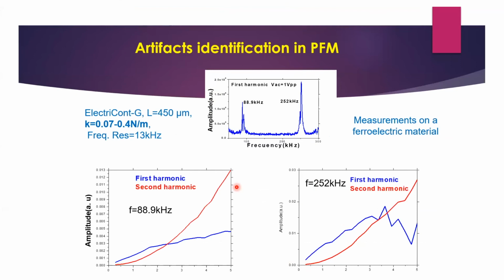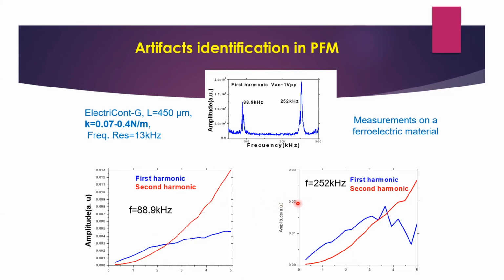This criteria of the first and second harmonic amplitude depends on the tip that you use. Here we have a soft tip, and we use the first and the second resonance frequency, and we measure these curves to compare the difference between the first and the second harmonic, and we can see that it depends on the voltage that we use for the first resonance frequency, and at some voltage the second harmonic is higher than the first harmonic.